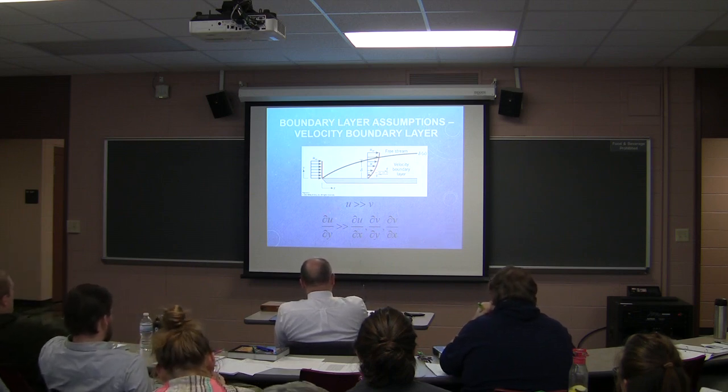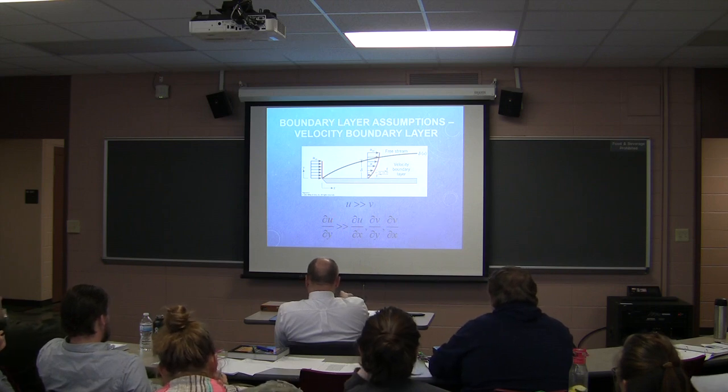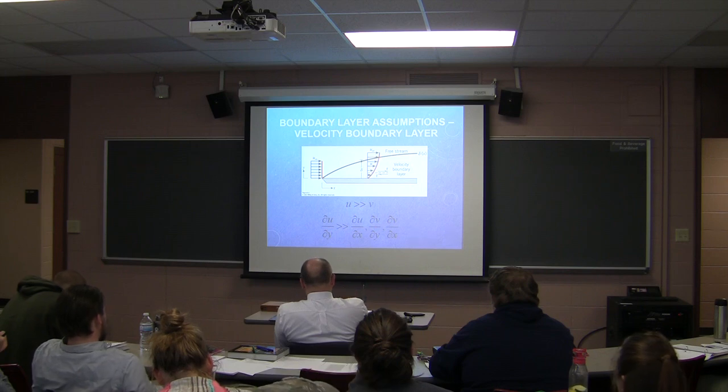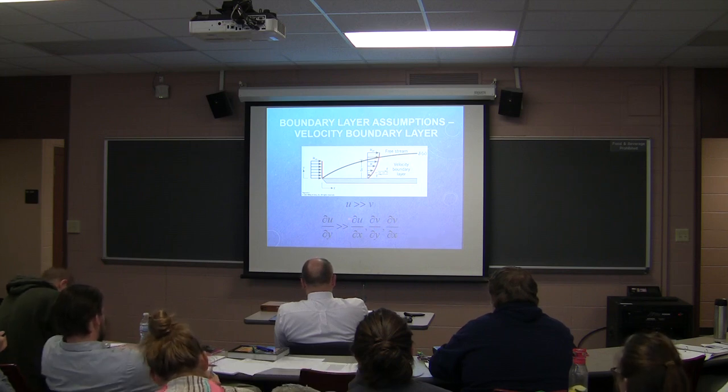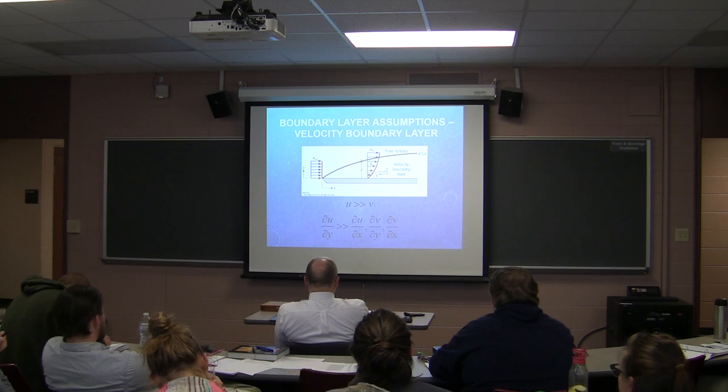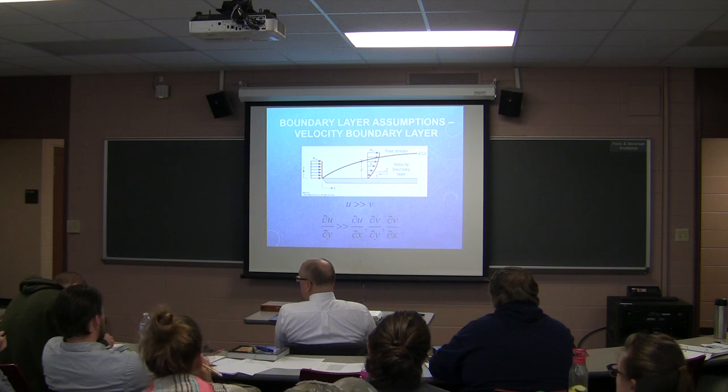The velocity, u, which is along the plate, the change of u from the surface of the plate where it is 0 up to the end of the boundary layer where it is equal to u infinity is much greater than the change of u as it moves down the plate, or the change of v as it moves up in the boundary layer, or the change of v as it moves down the plate. Okay?